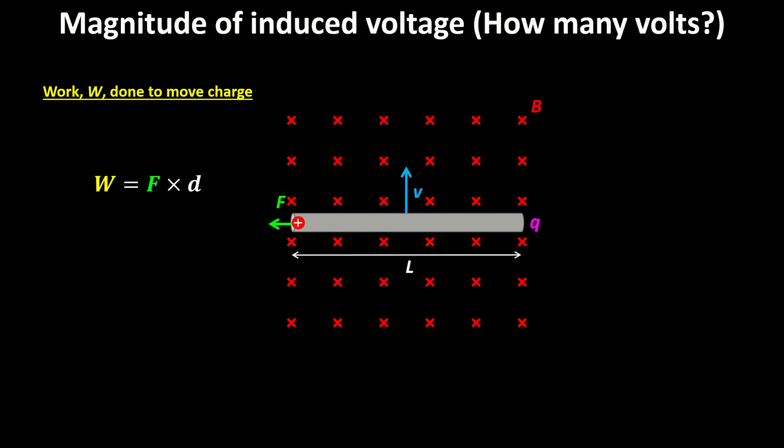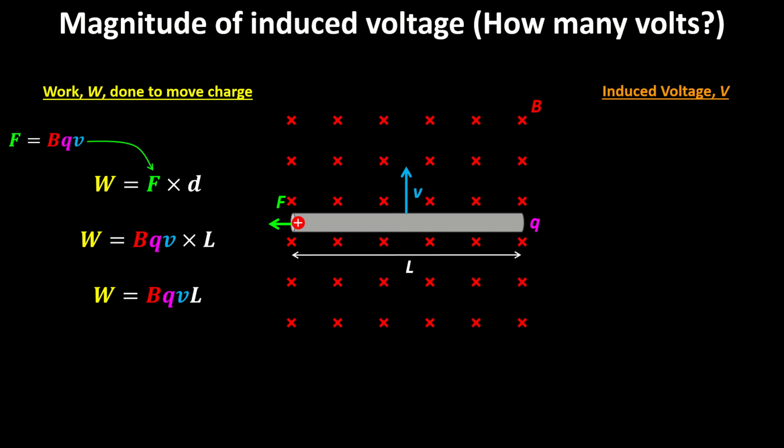Now, in this case, the force that's been exerted is a magnetic force, which we can evaluate by using BQV. So that's the magnetic field strength multiplied by the charge multiplied by the speed that the conductor is moving. And the distance it moves is the length L. So we can write that the work is BQV times L, or just BQVL.